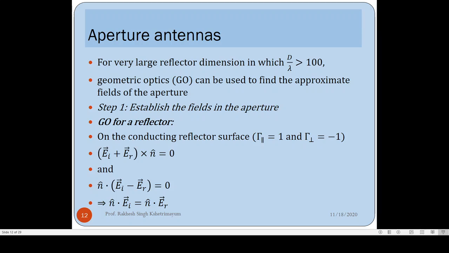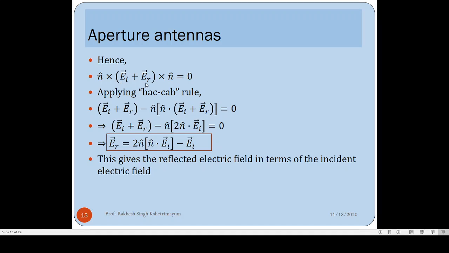Let's say if I take the cross product of the normal unit vector with this first equation, what do I get? n cross (E_i plus E_r) cross product with n. Here this is a vector triple product, so you can apply the BAC-CAB rule. So let's say this is A, B, C, then B will be this. So you write B, then do the dot product of A and C. n dot n is 1.